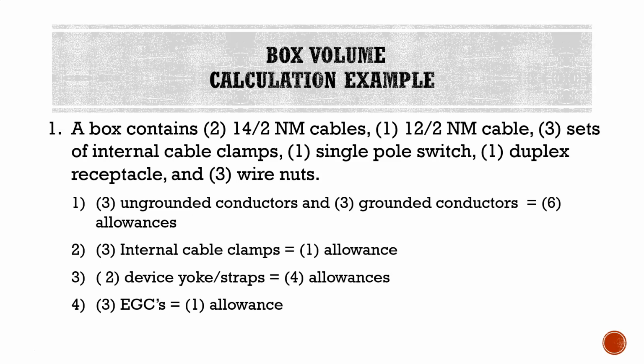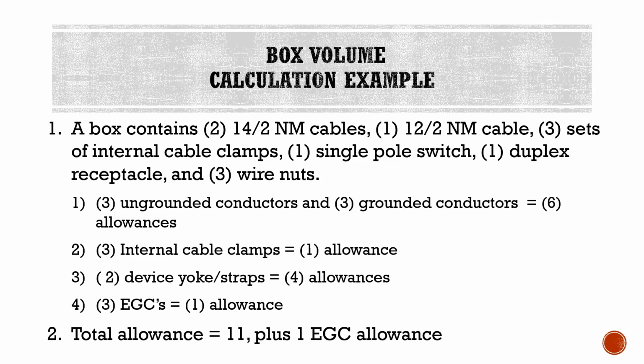Next, we have 3 equipment grounding conductors, since each 14-2 and each 12-2 is going to have 1 equipment grounding conductor. That would still be, though, a total of 1 allowance for the equipment grounding conductors. And then, of course, we do not count the wire nuts towards our allowance. So this gives us a total allowance of 11 plus our 1 equipment grounding conductor allowance.